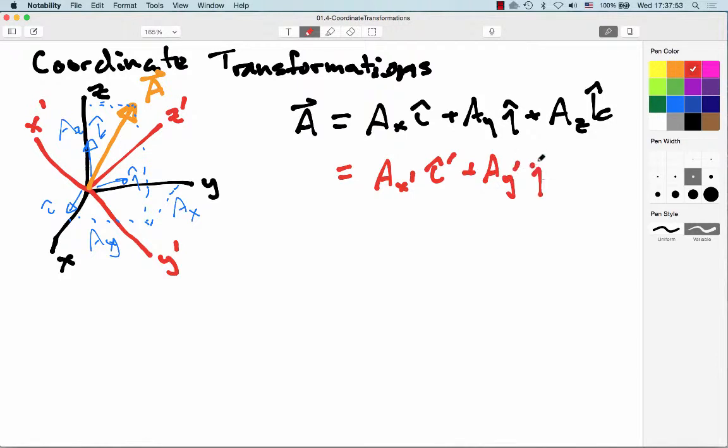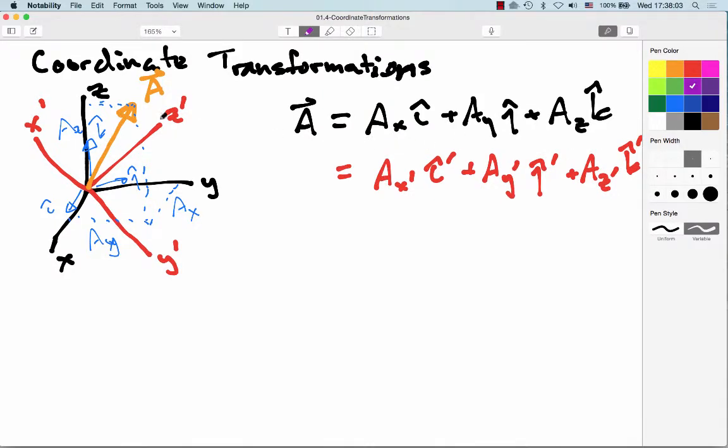Similarly for the y, and similarly for the z. So when we're working that through, we would again do the same kind of projections as before.